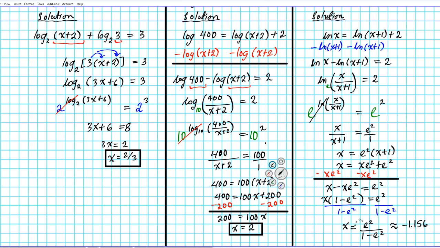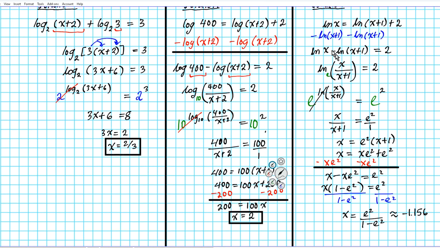So now you notice that this answer is a negative number. When we plug it into both logarithmic arguments, we must have a positive input value, or else there's no solution. When we plug in negative 1.156 into the first logarithmic term, it is going to be negative. So that's a no-no. The arguments for log functions must be greater than 0. If you wanted to do a check, the natural log of negative 1.156 is undefined, because you're violating the domain.